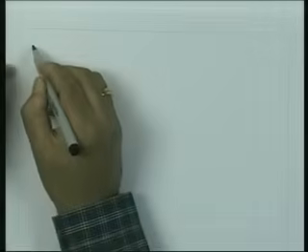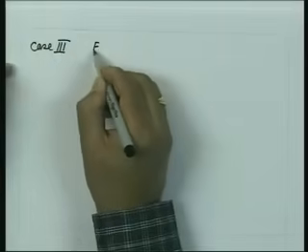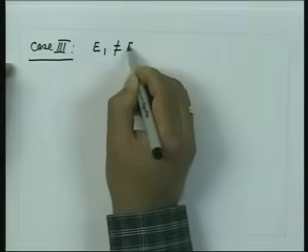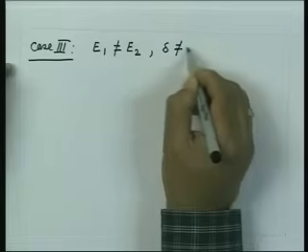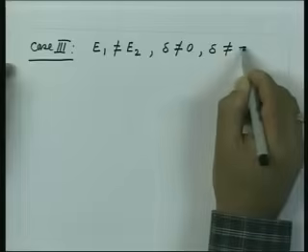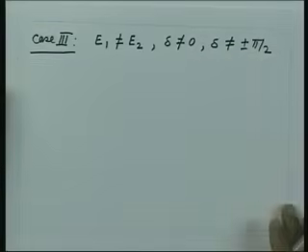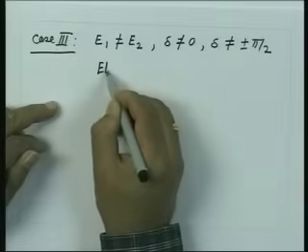So, the third case, which will be the general case, where E1 is not equal to E2, delta is not 0 or delta is not equal to plus minus pi by 2. In this case, we will have in general the elliptical polarization.